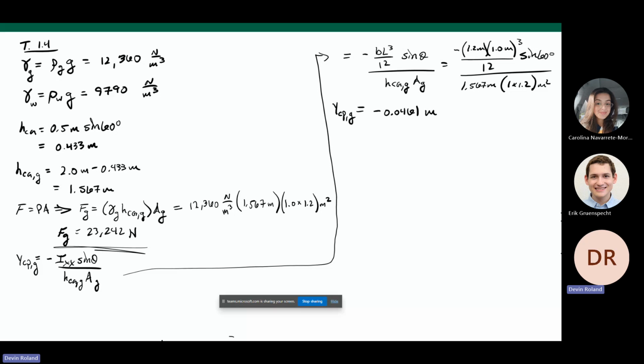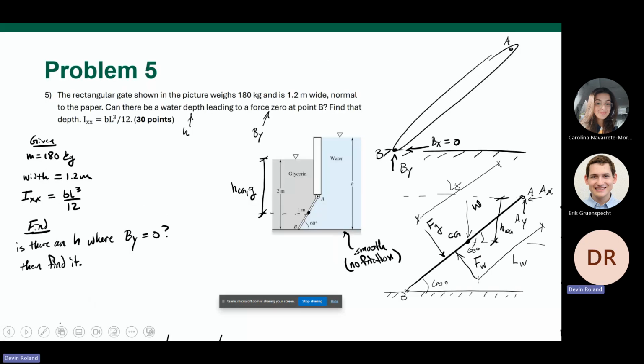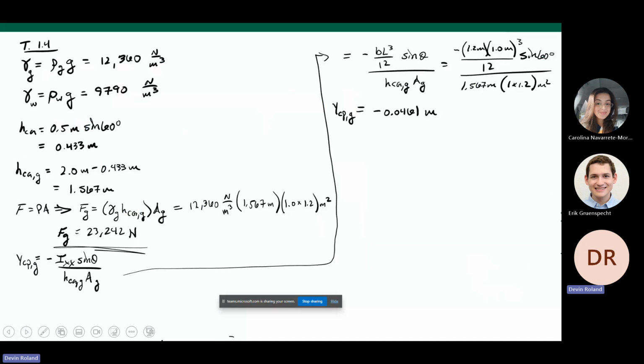Pictorially, this distance here is your YCP for glycerin.